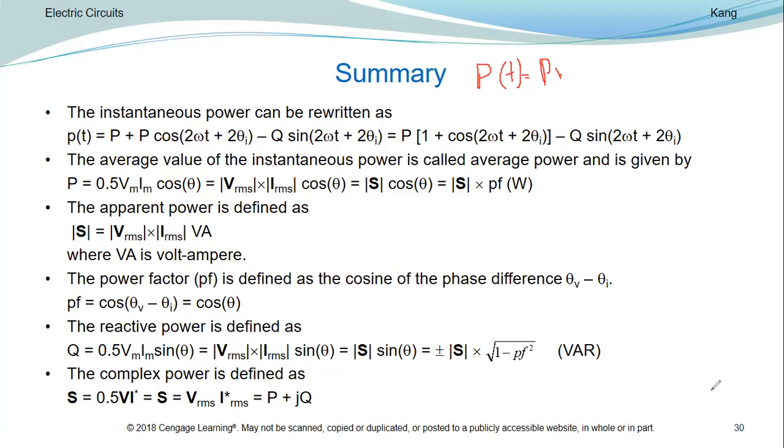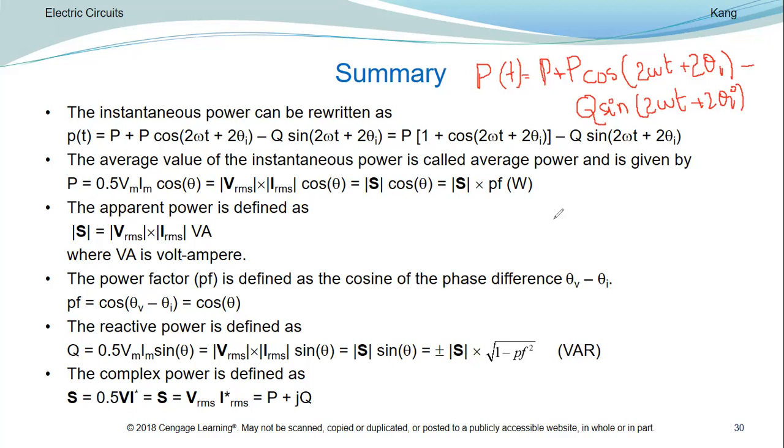So P plus P cos(2 omega t plus 2 theta I) minus Q sin(2 omega t plus 2 theta I). This is the formula to find the value of instantaneous power for a system.